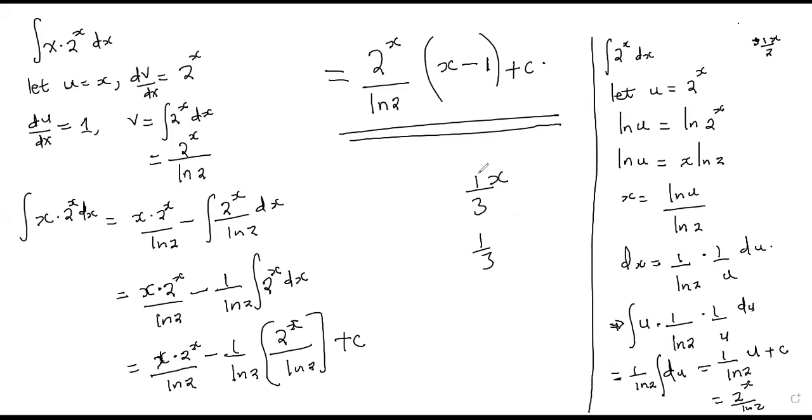The same, because this one is a constant, it is not differentiable, but x, you can easily differentiate x. And when you differentiate x, it becomes 1. The same applies here. If you have ln u out of ln 2, ln 2 is like a constant, but ln u can easily be differentiated. When you differentiate ln u, it is 1 over u. This ln 2 will keep there. So it will be 1 over ln 2, then times 1 over u. You get it? Thank you, teacher.